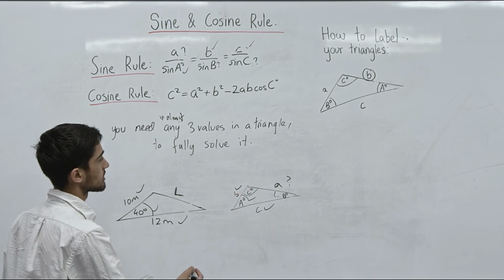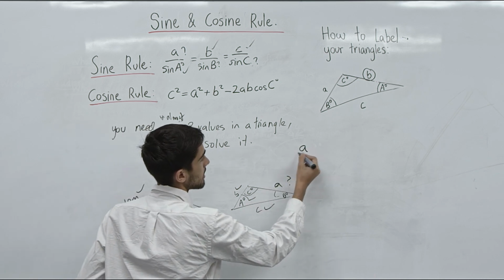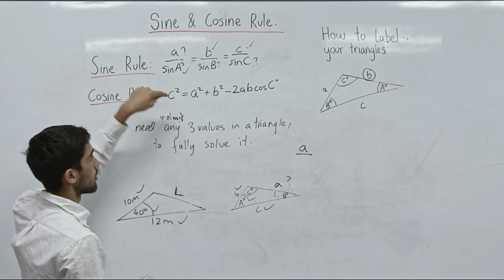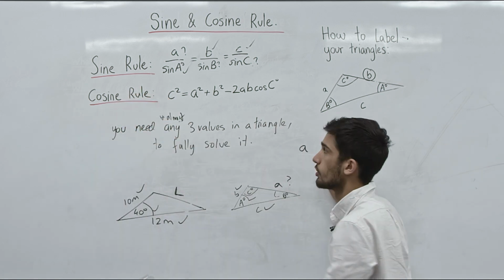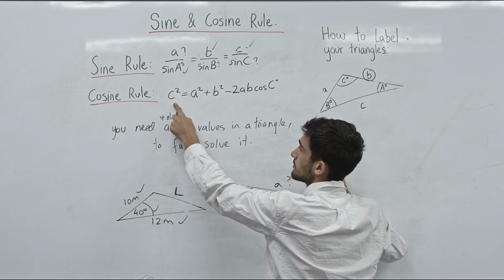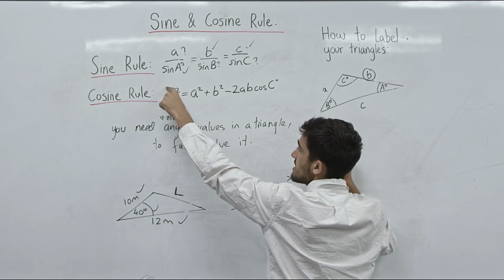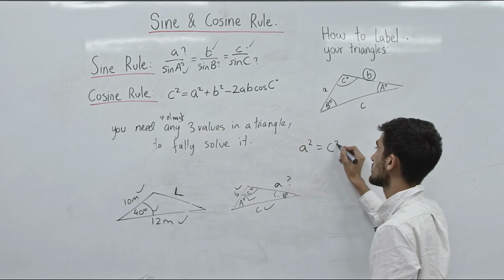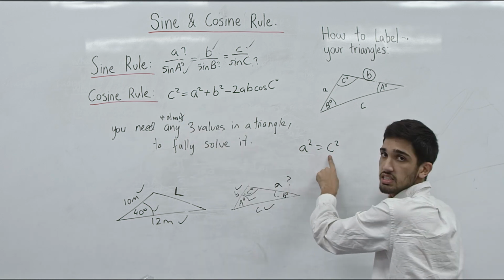In this case, we're trying to find A, so instead of C squared, we replace it with A squared. Because we've replaced C with A, we replace A with C. So instead of C squared equals A squared, we get A squared equals C squared.